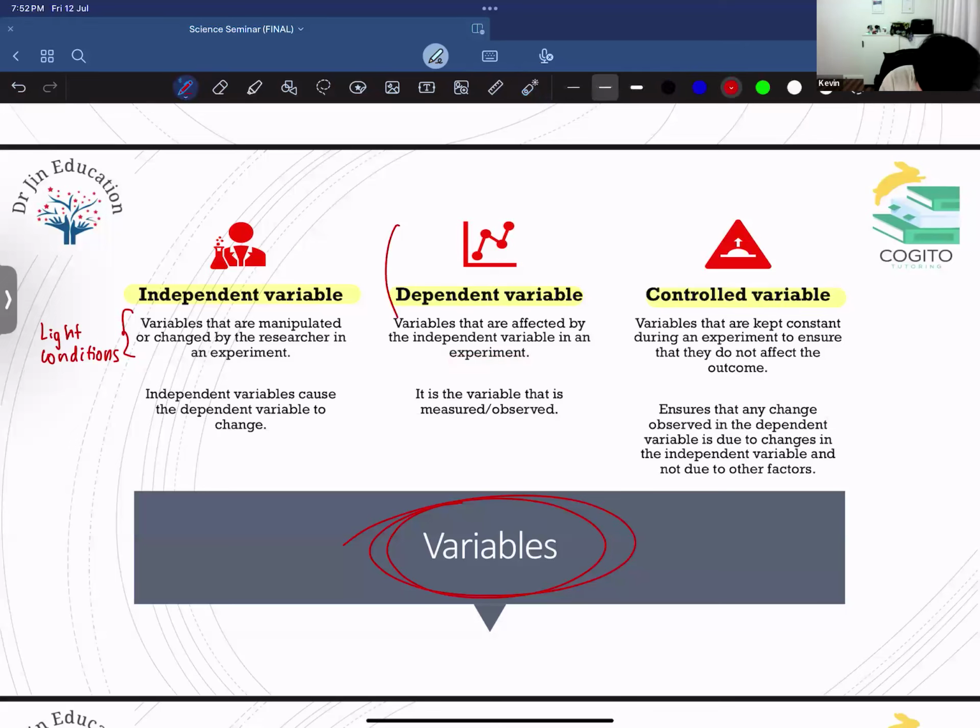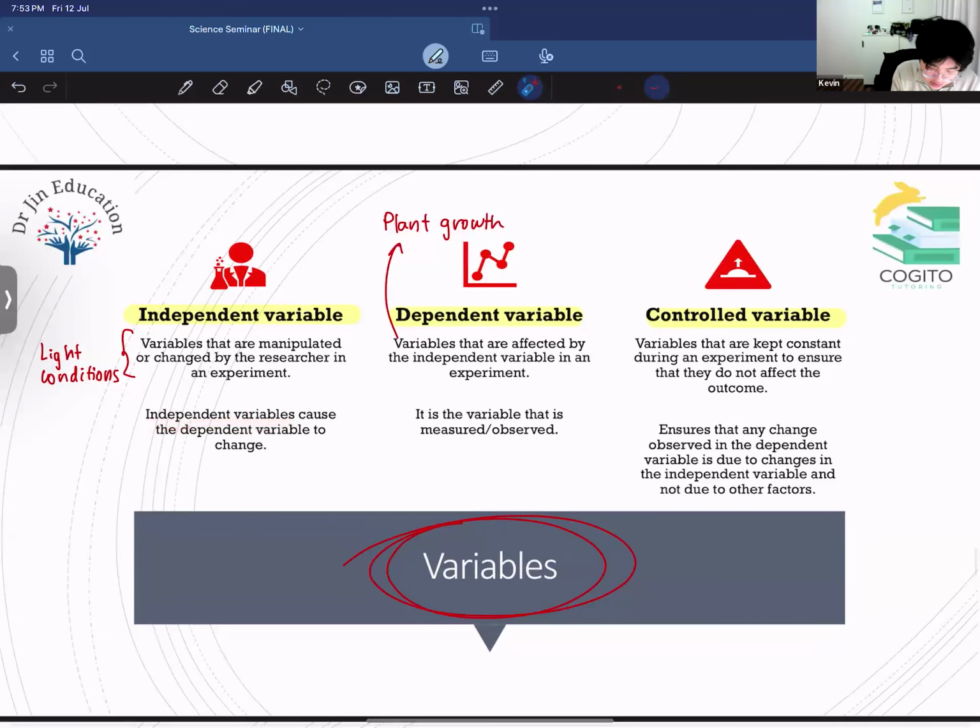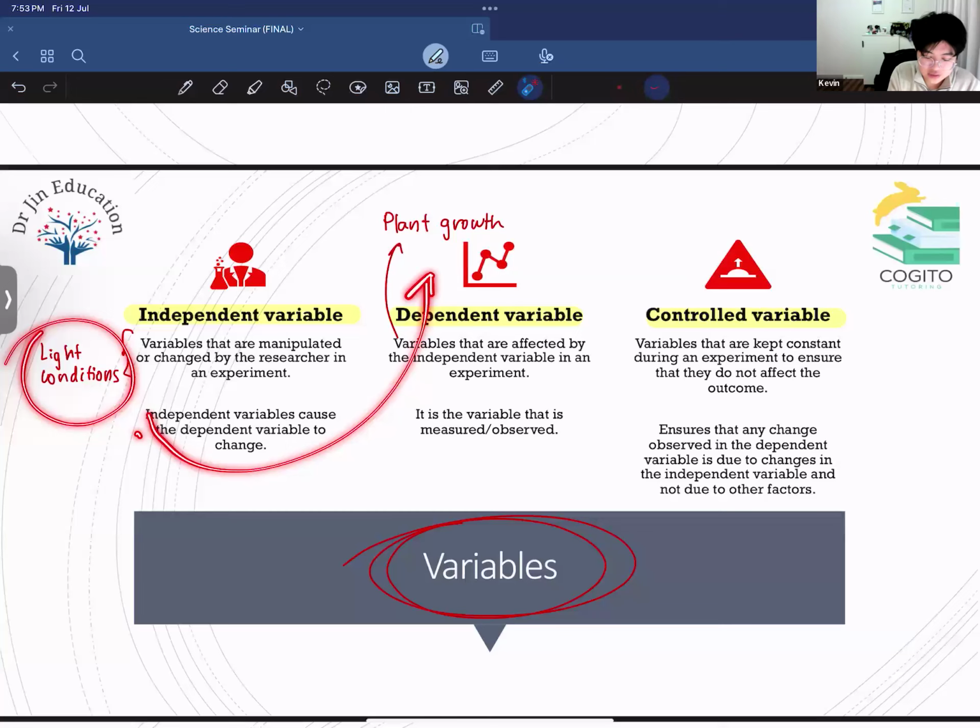In the last experiment, this is the plant growth. It is the variable that is measured or observed. We are measuring the plant growth: how high did the plant grow, using a ruler. The independent variable causes the dependent variable to change, and of course the different light conditions obviously affected the plant growth, as you saw.